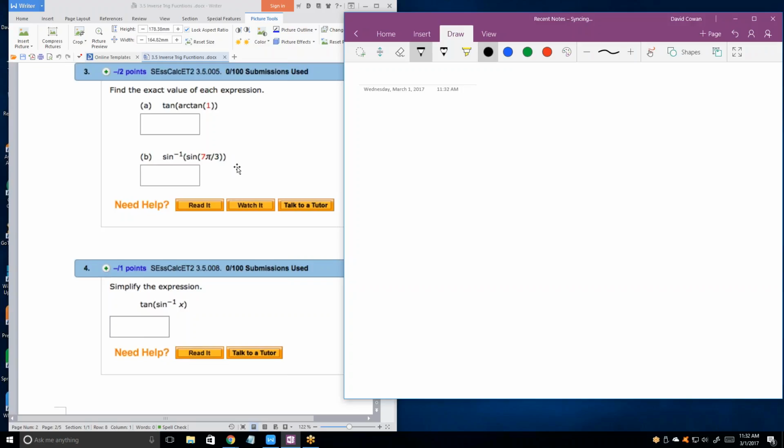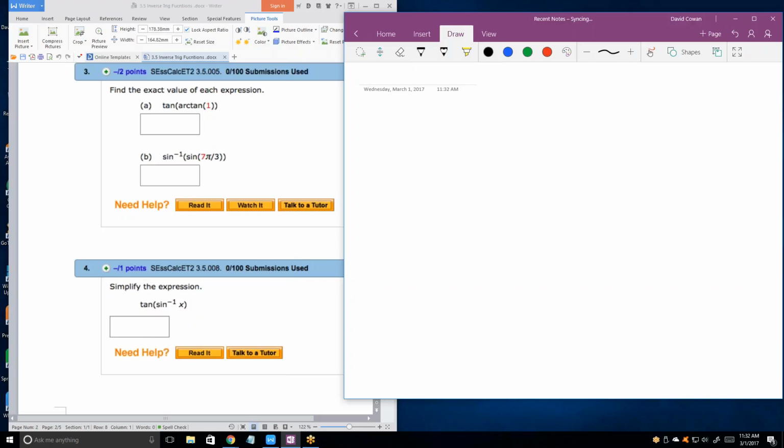That's correct. And notice we couldn't use the little trick of just whatever this argument is, that's the answer. Although in a way it is, it's just that 7 pi over 3 is outside the unit circle. They want your answer to be a first quadrant angle.